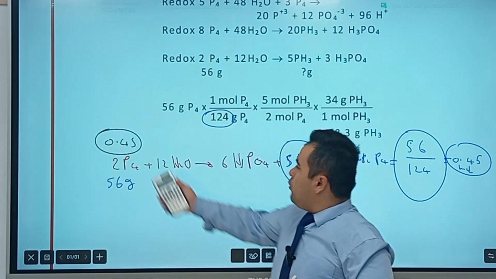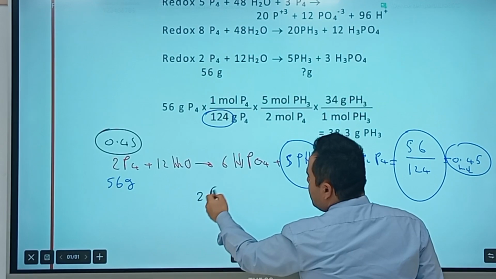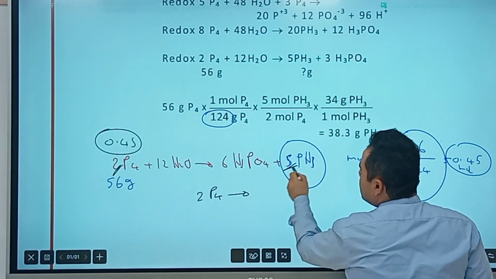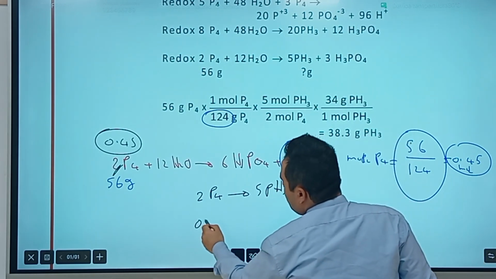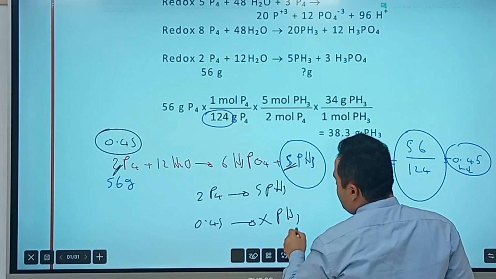How to convert the mole of phosphorus into phosphine? By taking the mole ratio. For every 2P4, we have got 5 phosphine, PH3. How about 0.45 will produce X PH3.